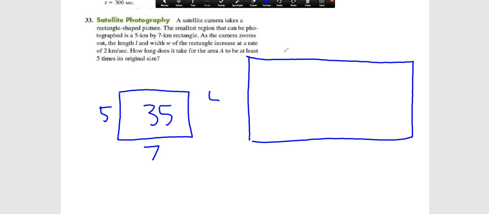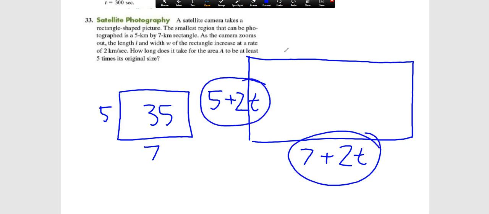So we're at 5 and we're increasing 2 kilometers per second, and that would be 7 plus 2t. What do you think we should do with the 5 plus 2t and the 7 plus 2t? Multiply them together. Awesome.